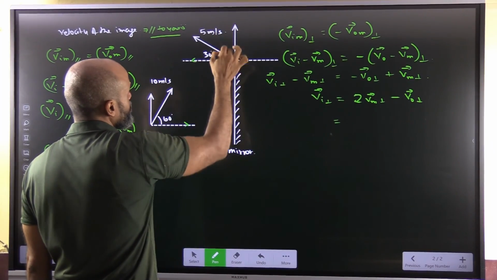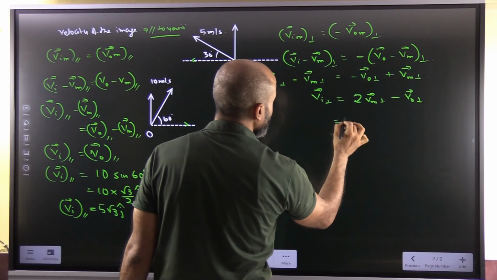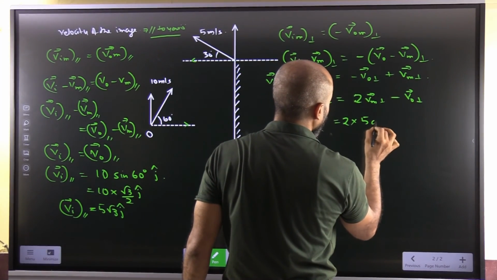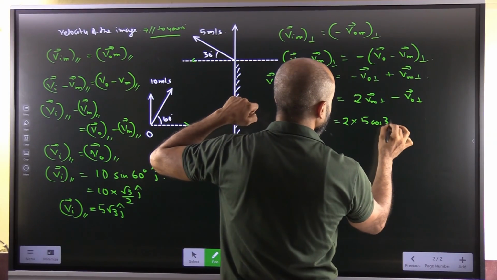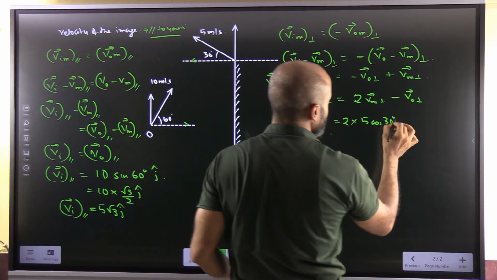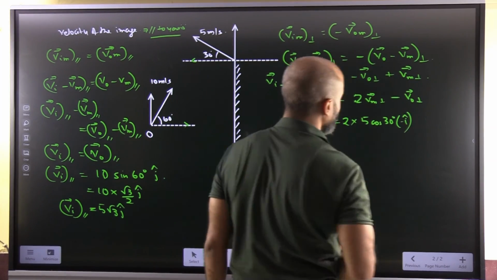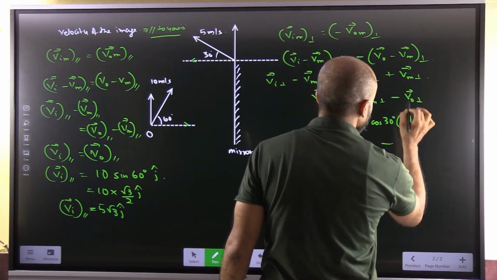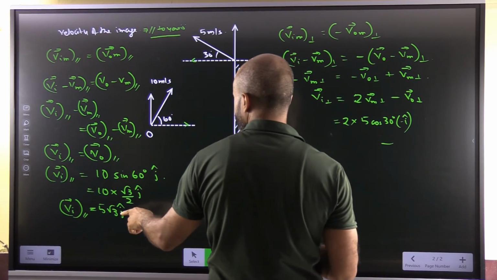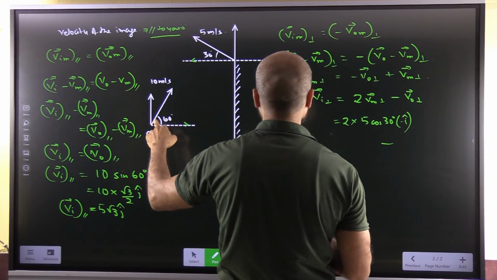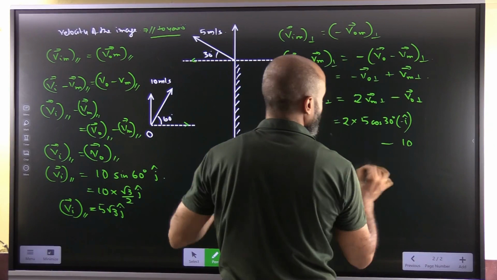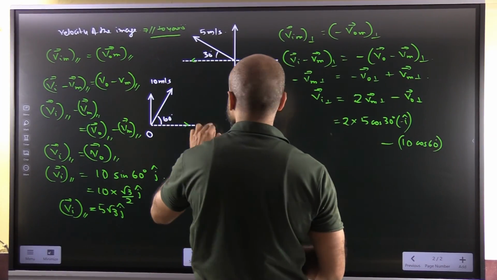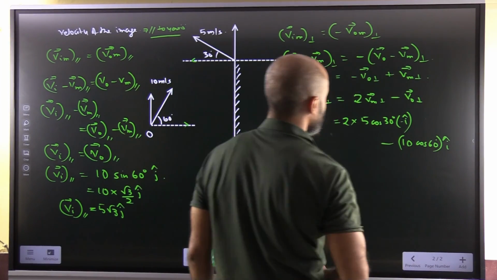Now understand this, this is the mirror, so along the perpendicular component it will be twice into 5 cos 30 degree, and it is moving along the minus x direction, so this will be minus I cap. Twice into 5 cos 30 minus I cap, minus velocity of object, that will be 10 cos 60 degrees, and this will be along the positive direction of x, so this will be plus.